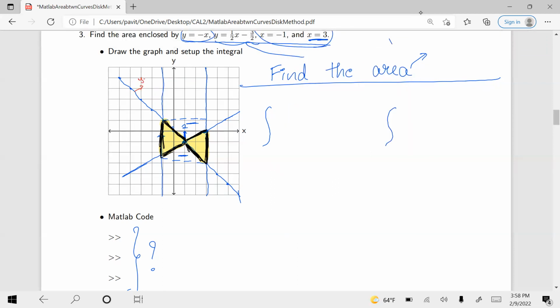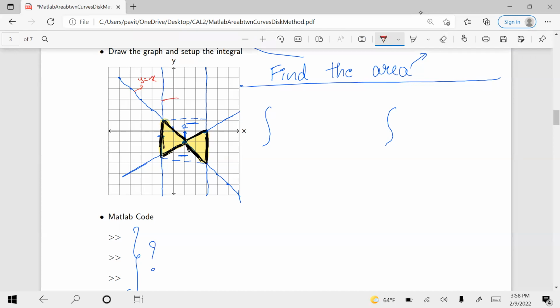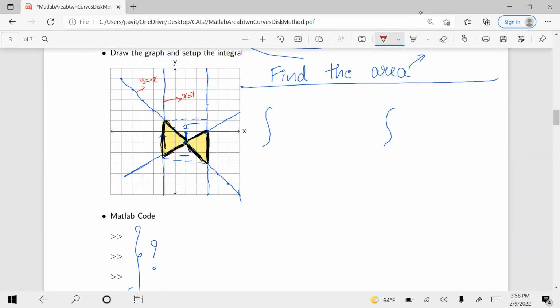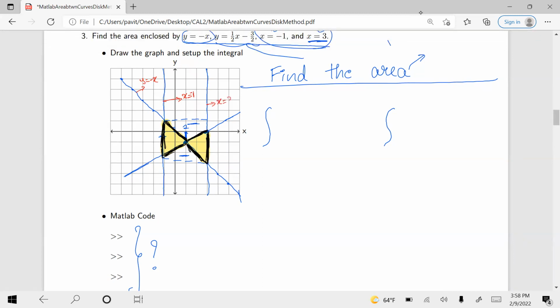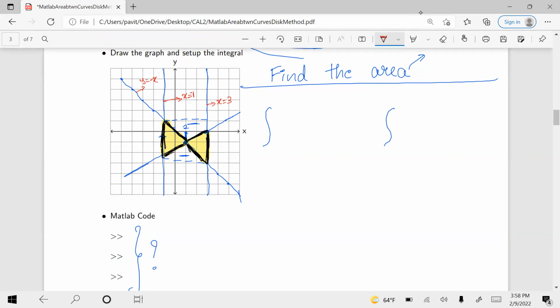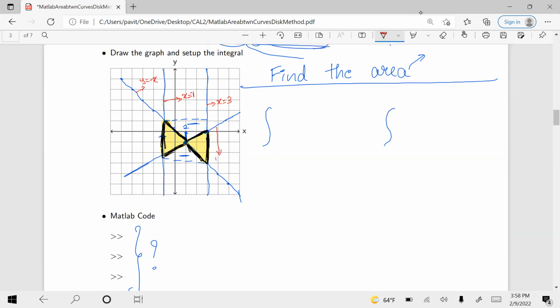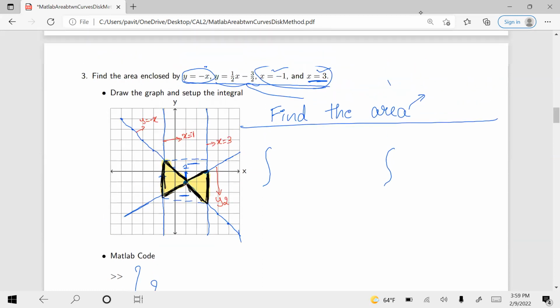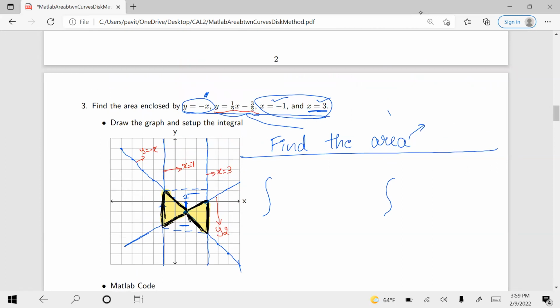So this is y equal to negative x, and this is x equal to negative 1, and here x equal to 3, the line which is here, and this diagonal is y equal to, I'll just write it as a second function, or y2. Just note it down like a y2.